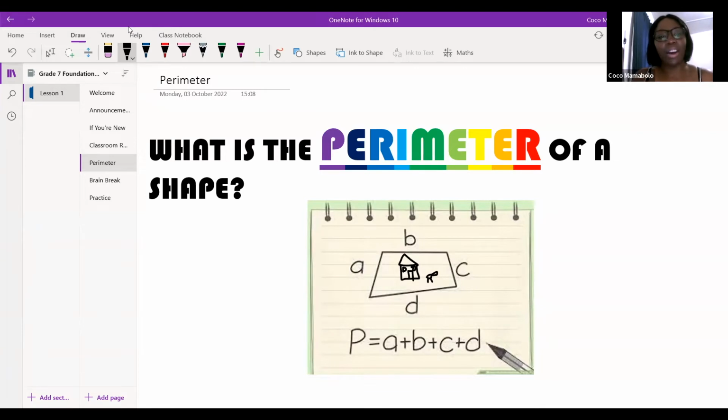Now you want to know how big your yard actually is, and you want to measure, let's say, for instance, you want to buy a ribbon that's going to go all the way around the fence of your house. What you're going to do is start at a point like over here, and measure from here all the way to there, from there all the way to there, all the way to there, and all the way to there.